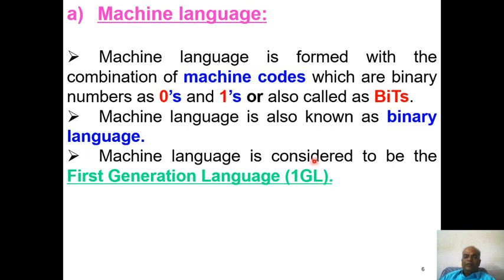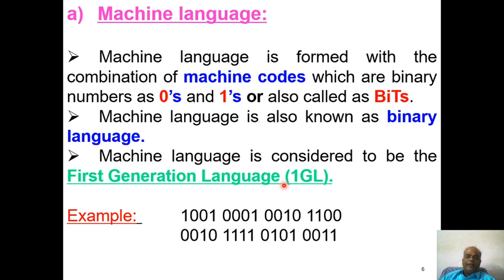Later we will discuss 1GL, 2GL, 3GL, 4GL, 5GL in a separate topic. Don't worry about that. For example, all these zeros and ones are called bits. This group of bits, this group of bits, all these binary digits are known as machine codes.